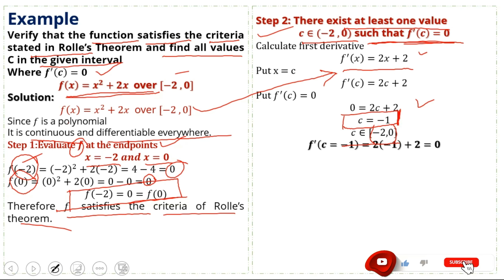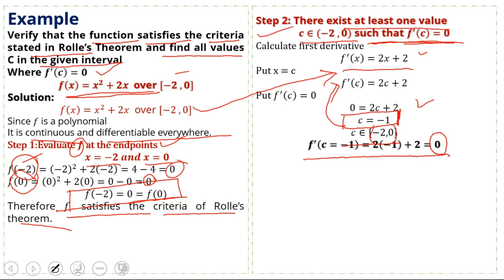So put c equal to -1 in the derivative of the function, and after substituting, the derivative of this function at c equal to -1 is 0. This means our interior point is c equal to -1.